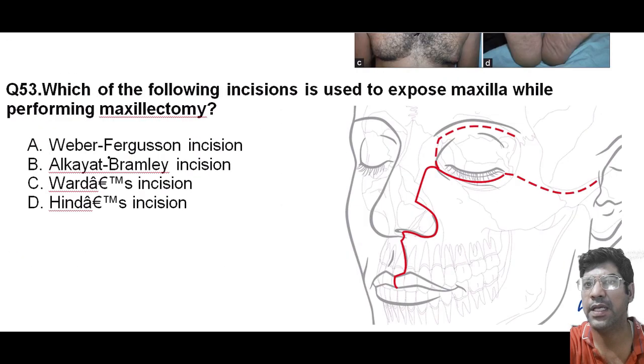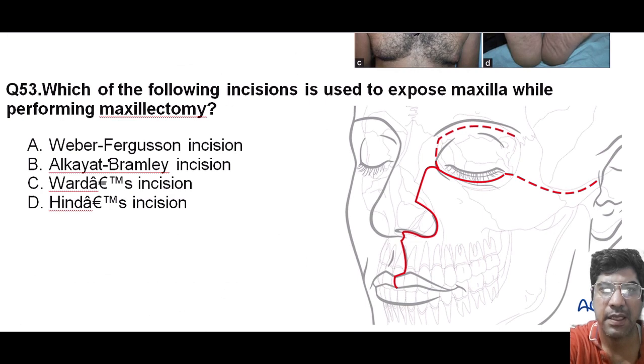Which of the following incisions is used to expose the maxilla while performing maxillectomy? It's the Weber-Ferguson incision. Weber-Ferguson incision is a commonly used incision to access the maxilla during maxillectomy. It involves making an incision that splits the midline of the upper lip.